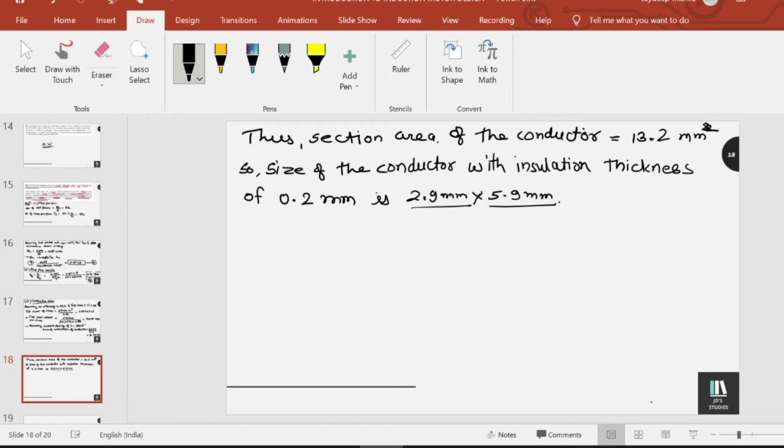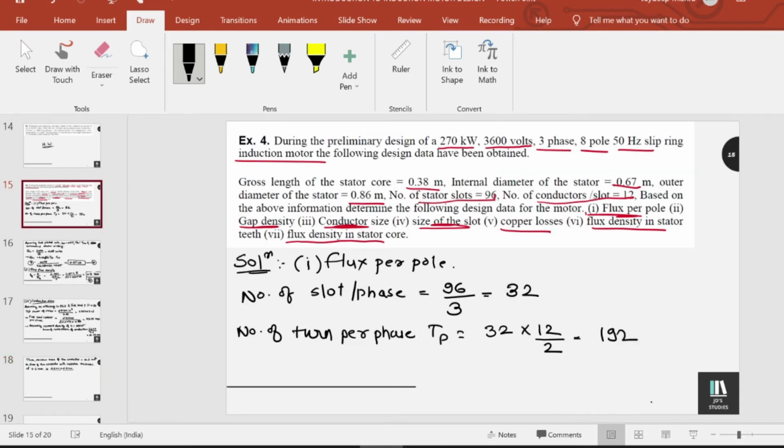So we will find the conductor size, which is 2.9 mm cross 5.9 mm.